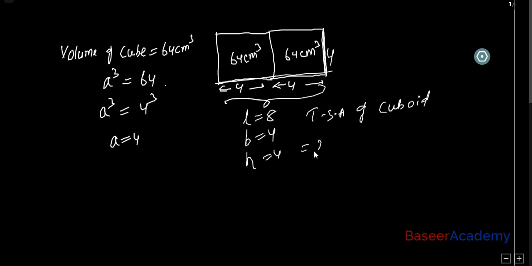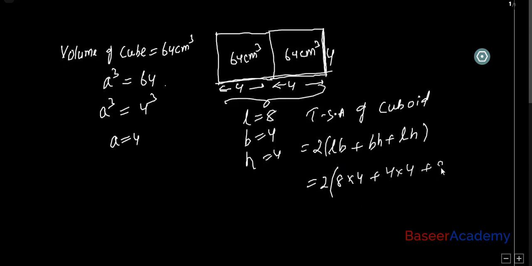Total surface area of cuboid is nothing but 2 into LB plus BH plus LH. L is 8, B is 4, B is 4, H is 4, L is 8, H is 4. So I get 8 into 4 is 32, 4 into 4 is 16, 8 into 4 is 32. 32 plus 32 is 64, 64 plus 16 should be 80, right?